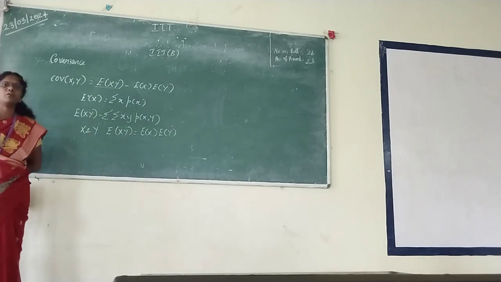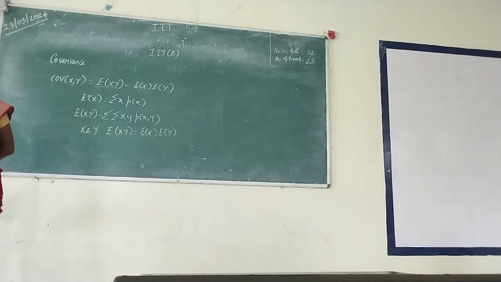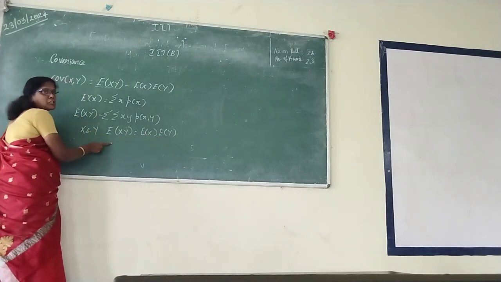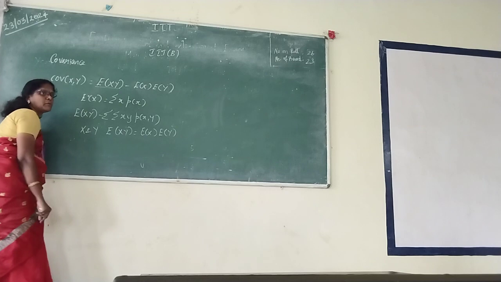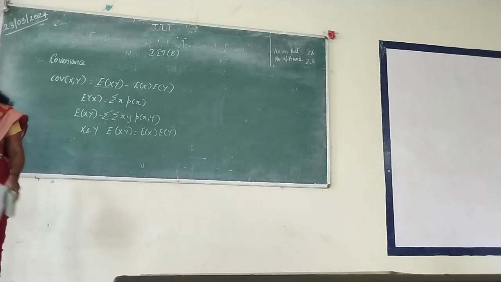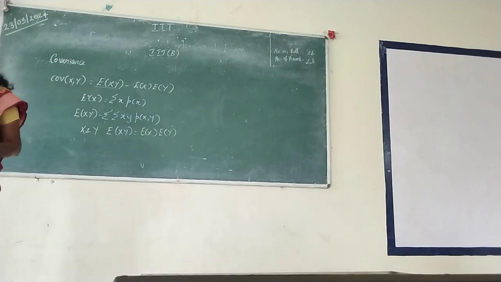For your reference, since E of xy is equal to E of x into E of y. Remember all these independent conditions will be helpful for you to solve problems. E of xy will be equal to E of x into E of y. This is possible only if x and y are independent. Okay, so take down the next one.